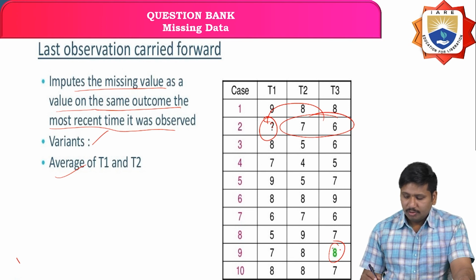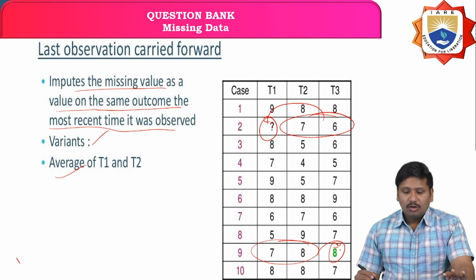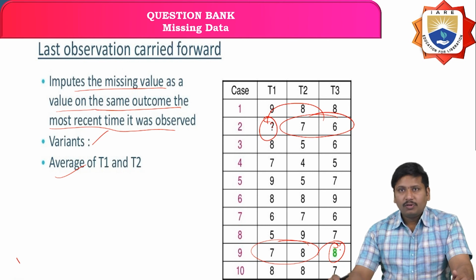Similarly here, I can take the average or variance of these and fill in the missing value. So last observation carried forward means I take the average of the other variables, what is predicted.